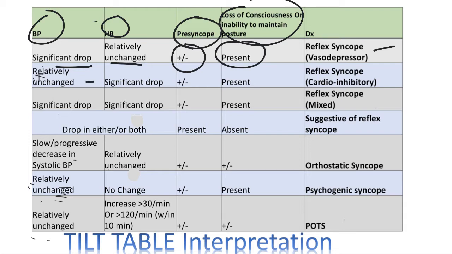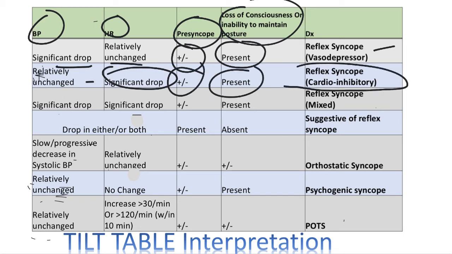Alternatively, if there is a relatively unchanged blood pressure but a significant drop in the heart rate, with or without pre-syncope, a loss of consciousness is diagnostic of reflex syncope, and that is the cardioinhibitory subtype. If there is a significant drop in both blood pressure and heart rate, with or without pre-syncope and with a total loss of consciousness, that is a mixed type, cardioinhibitory and vasodepressor.